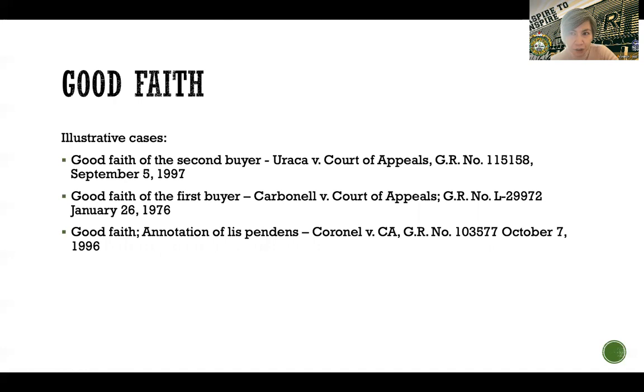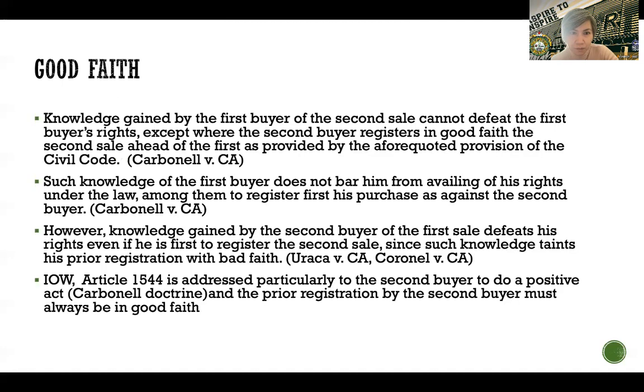Within it, we will appreciate the significance of annotating lis pendens with respect to the good faith of the buyer. So I hope that you read those cases, because I will only discuss here the important principles from those cases. So good faith, guys.